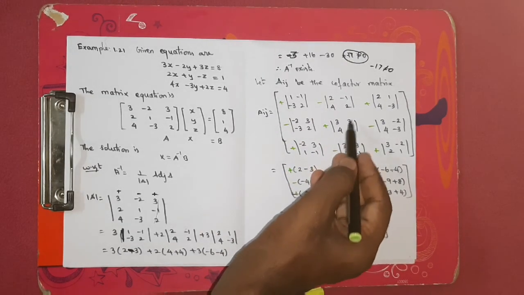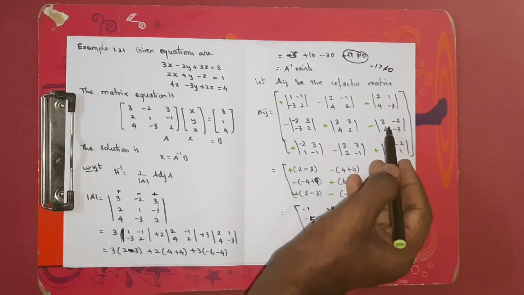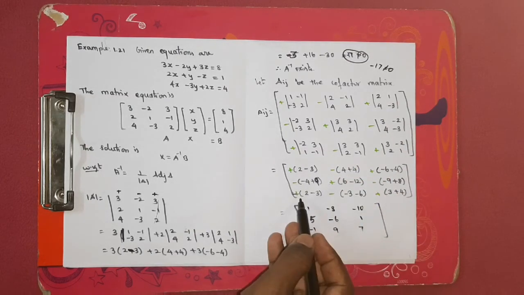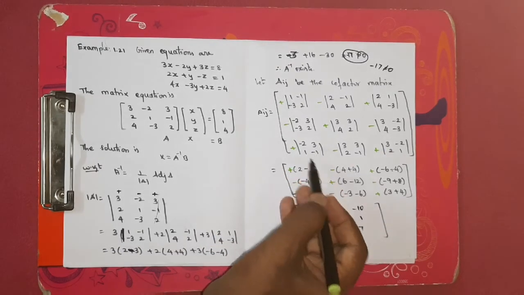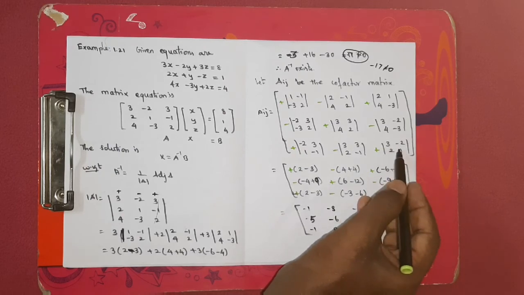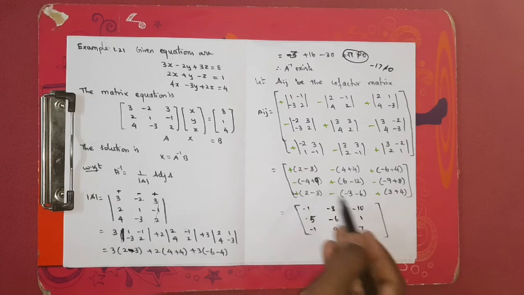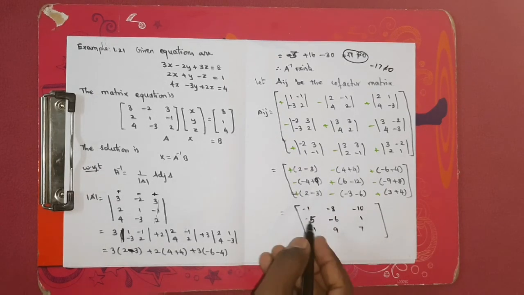So here 6 minus 12, and here minus 9 minus 8, but minus is there, so plus 8. So here 2 minus 3, and here minus 3 minus 6, and here 3 minus 4, but there is a minus above, so plus 4. As usual the same sign, plus minus plus. When you solve you get this answer.